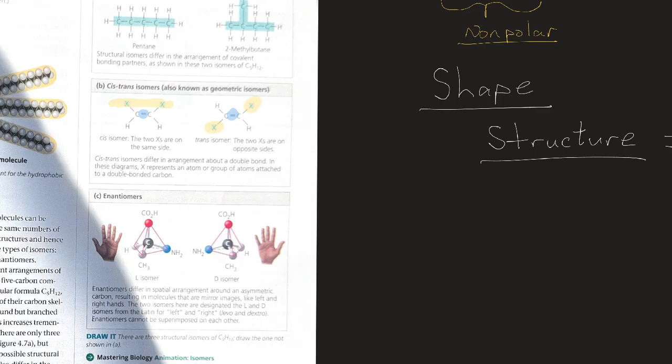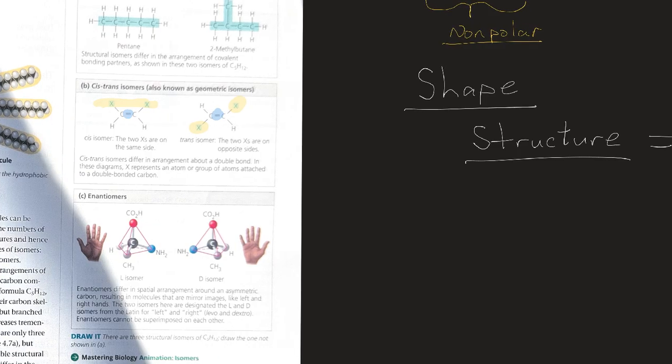Now, so what, you might ask? So let's go ahead and write that. So what? Why is that important? Well, the reason that's important, and just to be clear, is that this trans molecule won't function the way the cis isomer would.